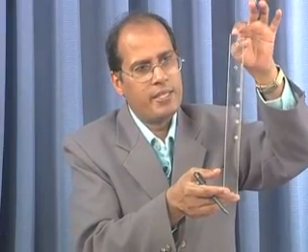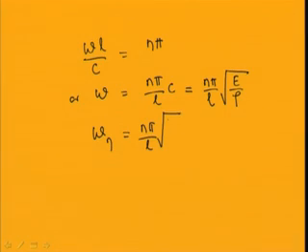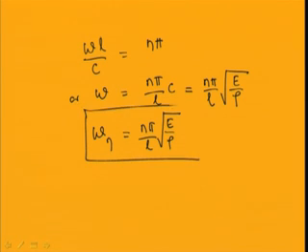So, in this case when it is vibrating, the frequency of the nth mode you can write in this form: omega equal to n pi by L into root over E by rho. And the mode shape, or eigenfunction, you can write in this form.